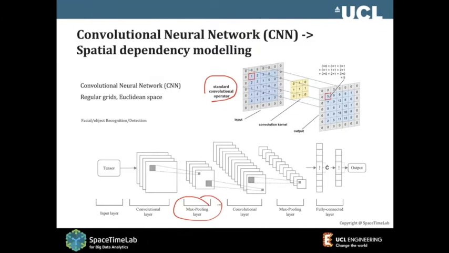That means you can summarize your patterns to that dimension. So it's very powerful. I see this really makes use of the adjacency information in your images. So that has been used largely for facial recognition, object recognition, and object detection. Of course, we can also use it for spatial dependency modeling.